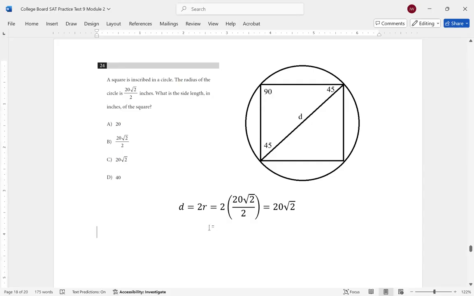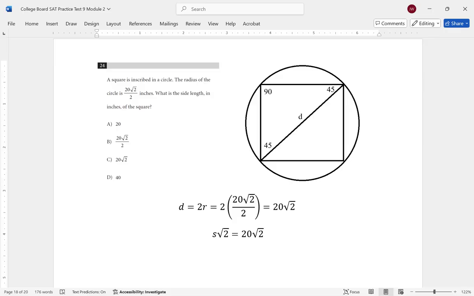So if we use the special right triangle, then I know that S times the square root of 2 is equal to the hypotenuse, which is in this case our diagonal, which is 20 times the square root of 2.